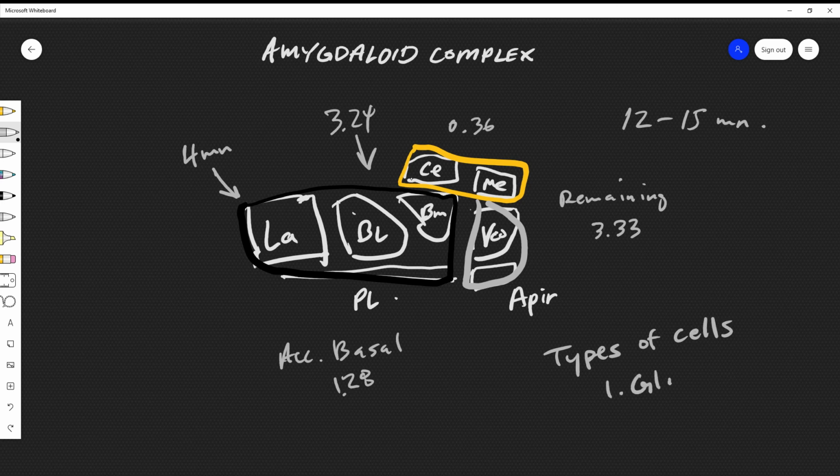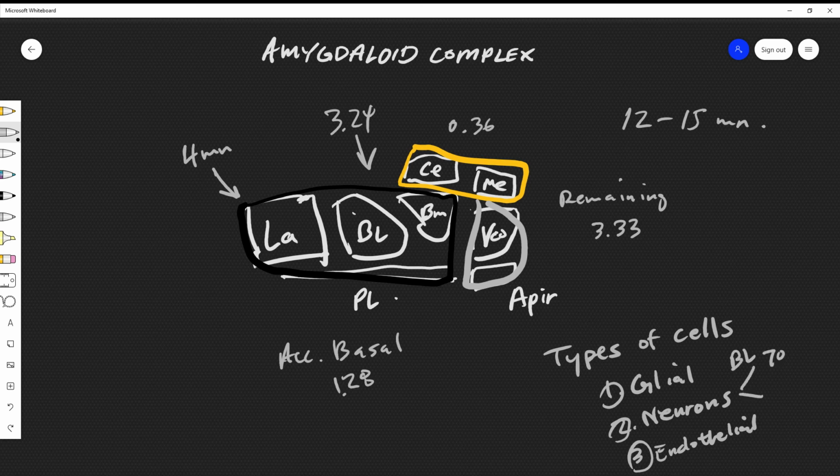There's glial, neurons, and endothelial. Oh, let me just circle those. And if we were to look at the basolateral section, so we do BL, the author gives an example of about 70% pyramidal neurons and 30% interneurons.